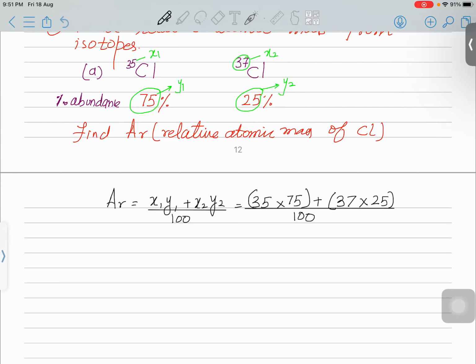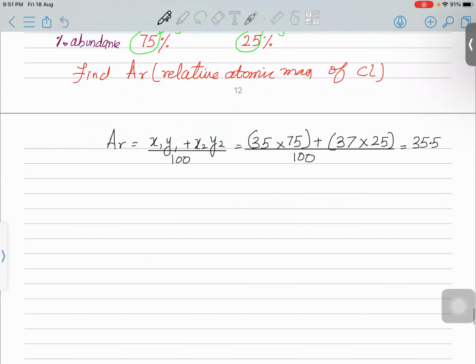Can you tell me the answer? Sir, 35.5. So AR of chlorine is 35.5. This formula can only work for isotopes.